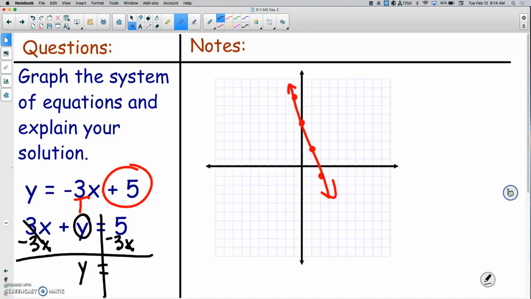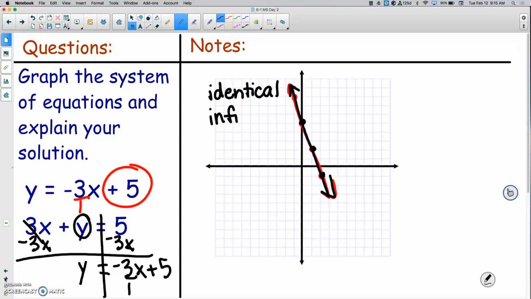So I have y equals -3x plus 5 when I put it in slope-intercept form. So I start at +5, and my slope is down 3 over 1. So take a look at that. It's the exact same line. So these are identical. And there's an infinite number of solutions then, because they intersect at every point on the line, and the line goes on forever.